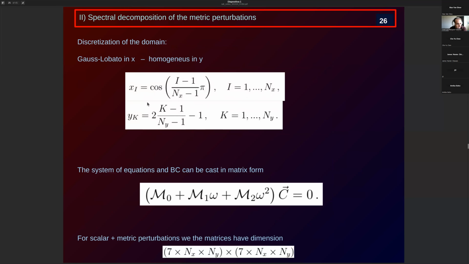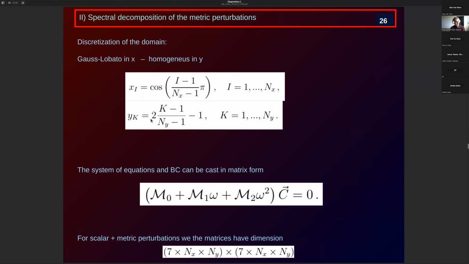What you do in the spectral method is discretize the domain of integration, and then you evaluate your decomposed PDEs and BCs in this discretized domain, and you obtain a set of algebraic equations that determine your coefficients. In this case, it's convenient to choose Lobatto points in X and homogeneous points in Y. You can make other choices; the results don't change much.